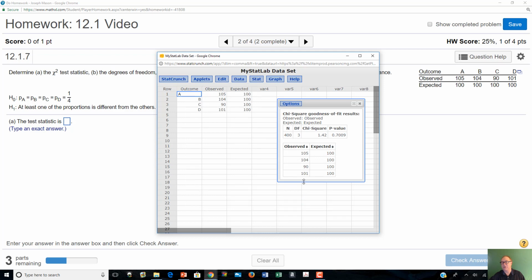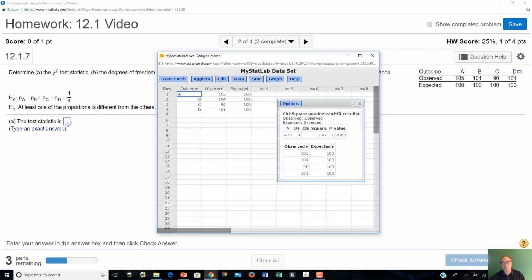Now, when we hit compute, you notice the expected values are listed here, and the observed values. Now the chi-square is going to be your test statistic. The p-value is here. Degrees of freedom is here. N is here. That's your count. So for this first part, we wanted the test statistic.